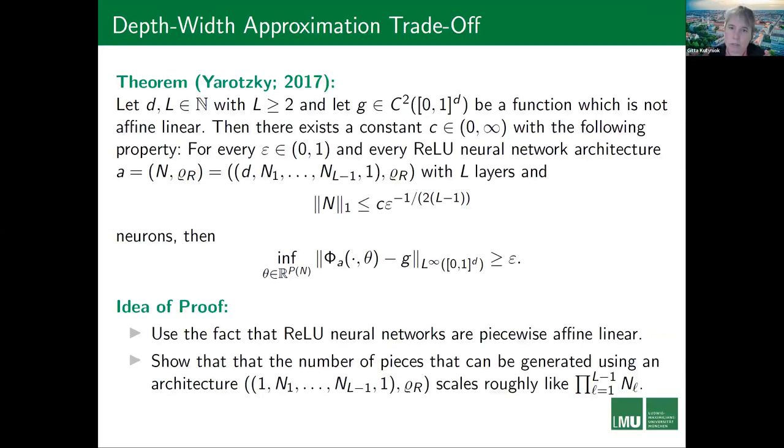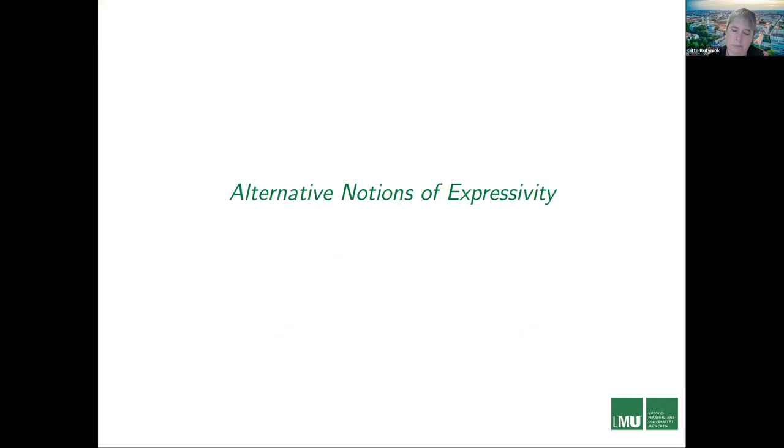In that way, one can show that if you have certain conditions on the number of layers and the width, you don't have enough expressivity, and so you get this lower bound. That is what's in the background. As I said, there are numerous results on different function classes, and so on. It's a huge area.